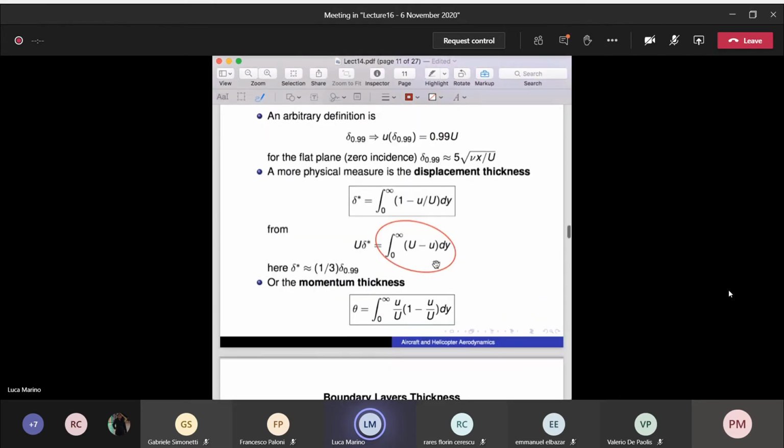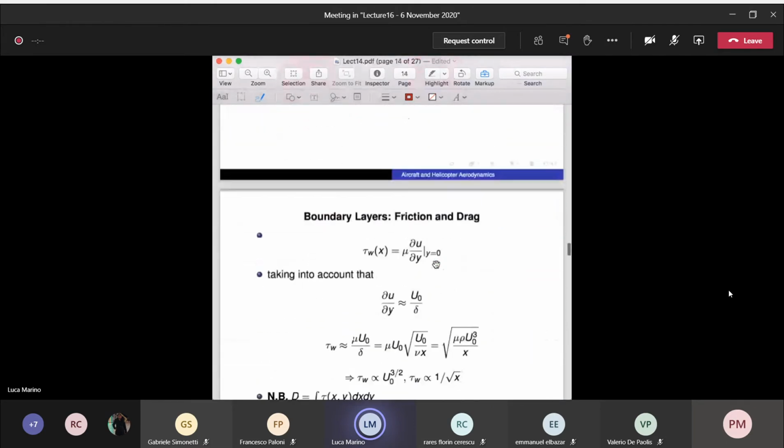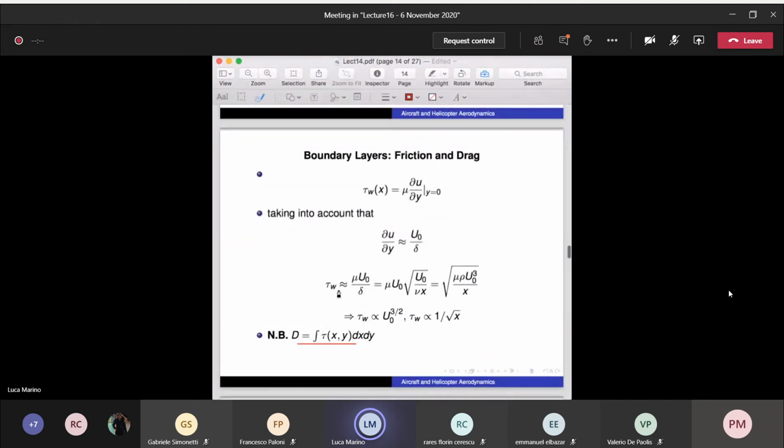Okay, so we can write, copying those equations, that the order of magnitude of tau will be given by the square root of the dynamic viscosity, the density, the external reference speed to the third power, over x. This is an inequality, not strict.